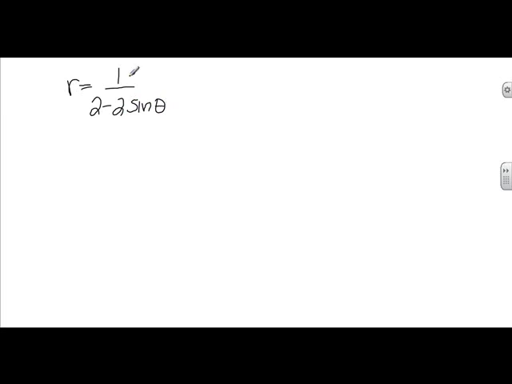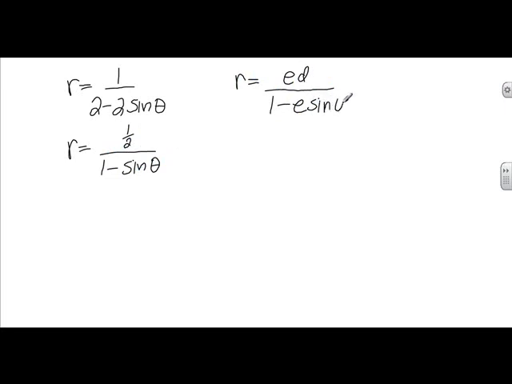So actually we have 1/2 on the top of this over 1 minus sine of theta, which is in the form of r is equal to ED over 1 minus E sine theta. So what I know right now, first of all, I know the value of E is 1, so we are looking at a parabola, which simplifies what we have to deal with a lot. We only have one focus and we only have one directrix.